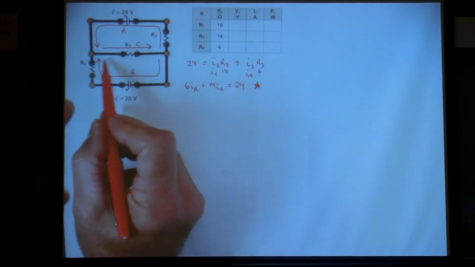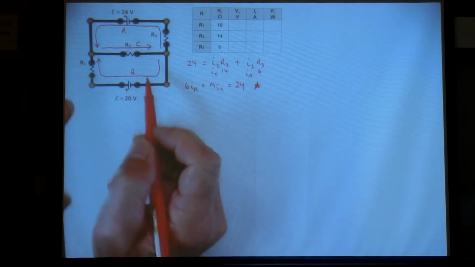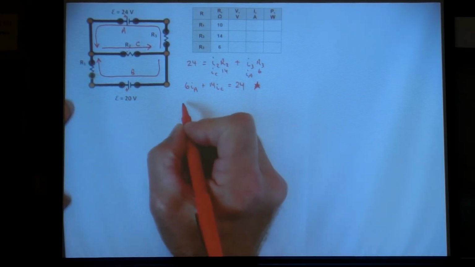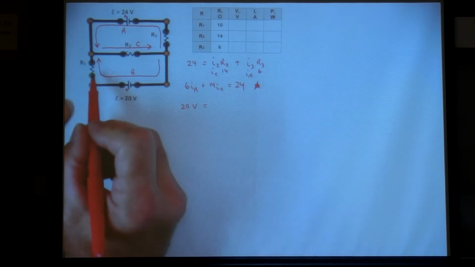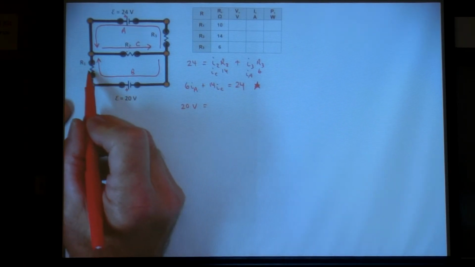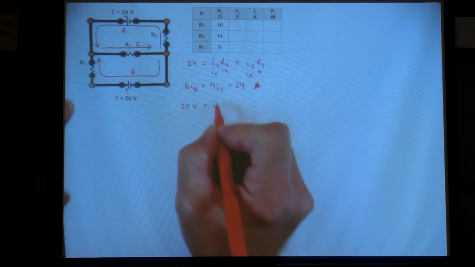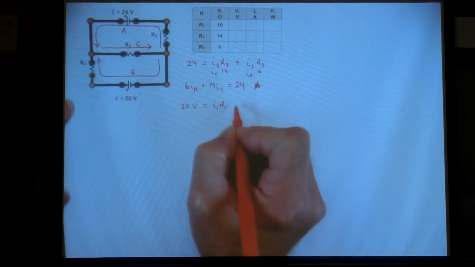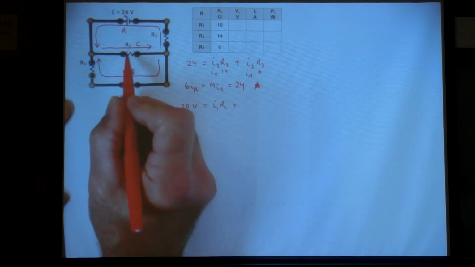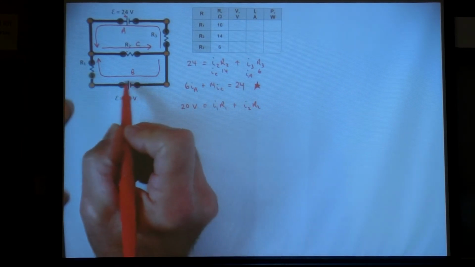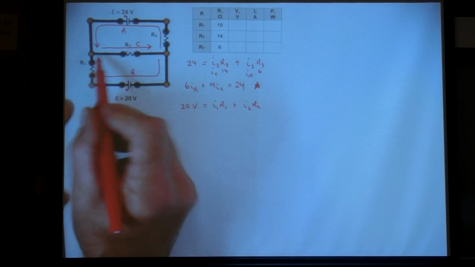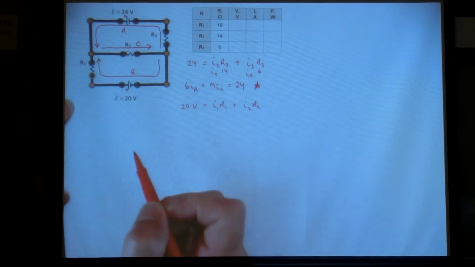If I write a loop equation for this bottom loop, we'll have our 20-volt battery, and that will equal the current through resistor 1 times R1, I1 R1, plus I2 R2. So that complete loop, voltage plus voltage equals battery voltage.